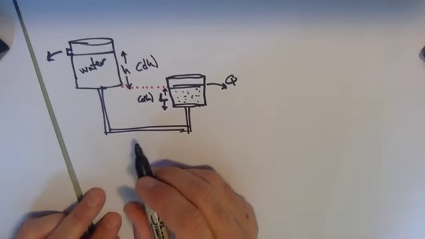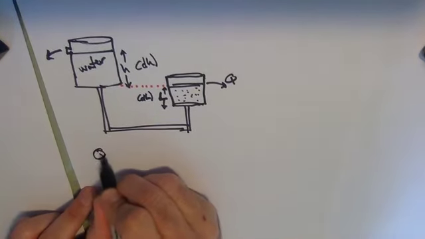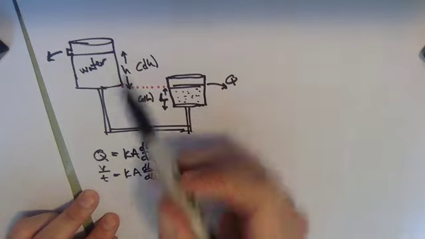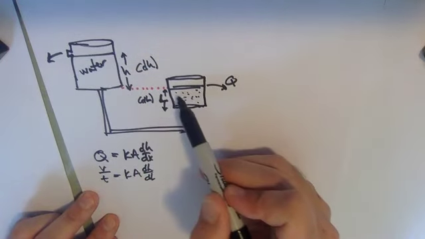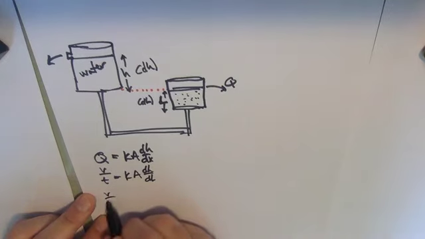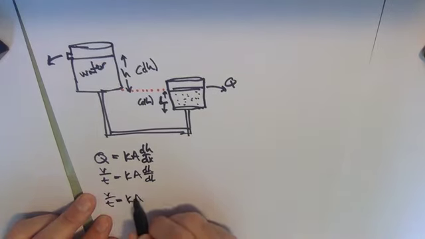So this equation that we started out with, which was Q equals K a dH/dx, then became V over t equals K a dH/dL. And then since the head is always the same and the thickness of the sample is always the same, this just gets written as V/t equals K a H over L. Now, what are we trying to solve for here?